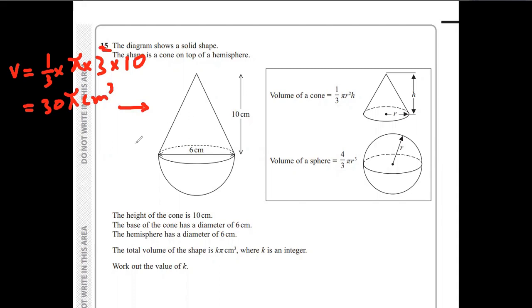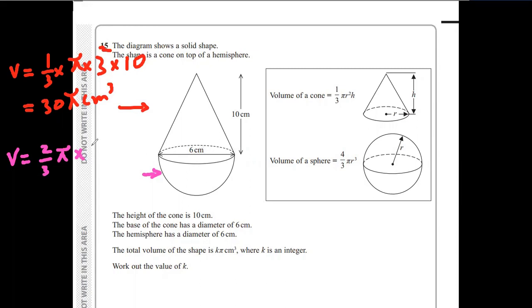Right, and to work out the volume of the hemisphere, the bottom part of the shape, we need to divide the sphere formula by 2. 4/3 divided by 2 will be 2/3. So to work out the volume of this one, we'll do 2/3 pi times radius cubed.